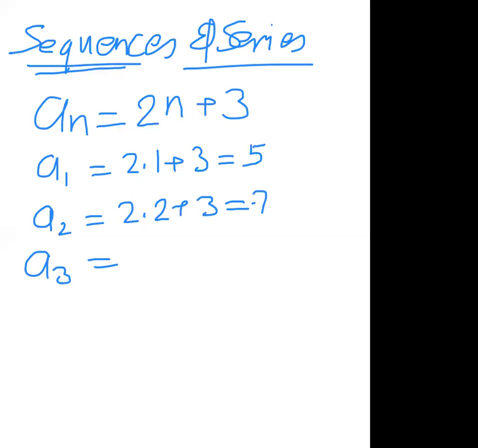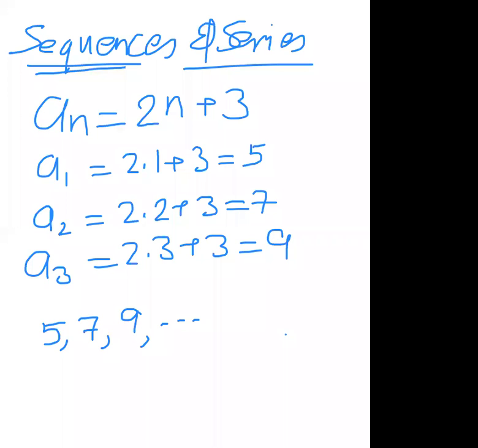A3 is 2 into 3 plus 3, that is 9. So it will be 5, 7, 9, and so on, in this particular pattern. I suppose we will be able to make these terms to get the result.